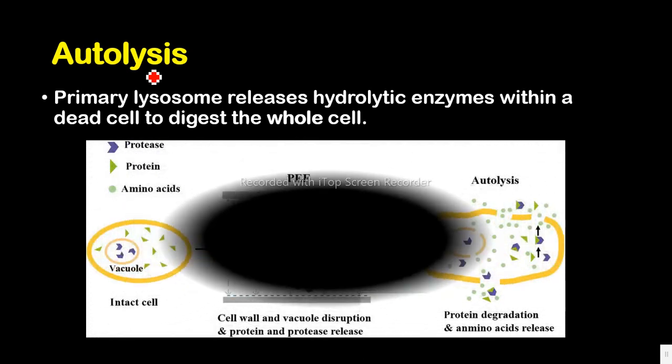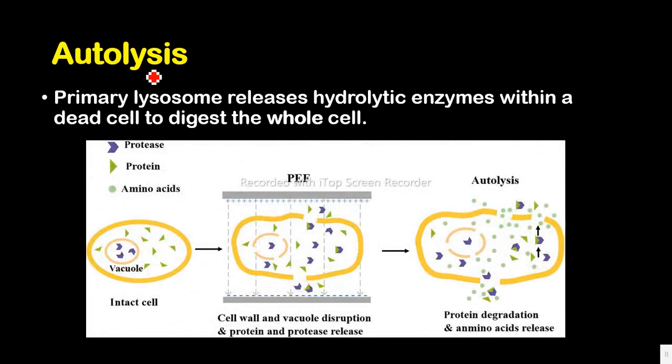Now these lytic enzymes will break down, will digest all cellular components, everything in the cytoplasm, and the cell dies. So you have your vesicle that has proteases, those are protein digestive enzymes. They will be packaged within a vesicle, and this vesicle is a lysosome.